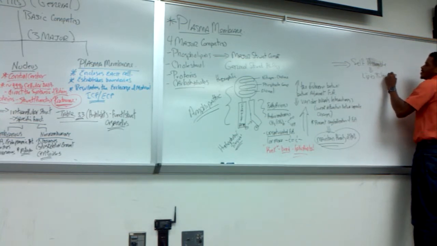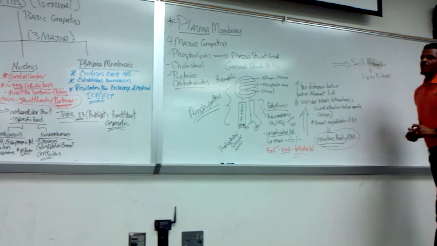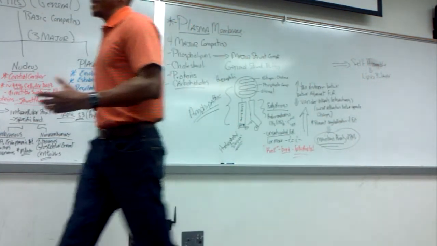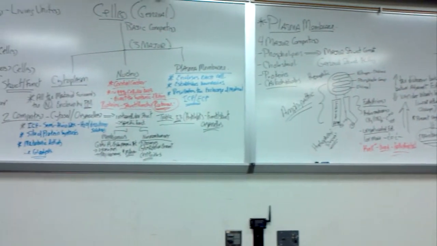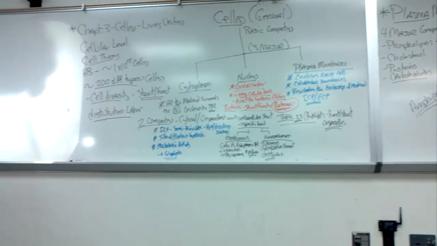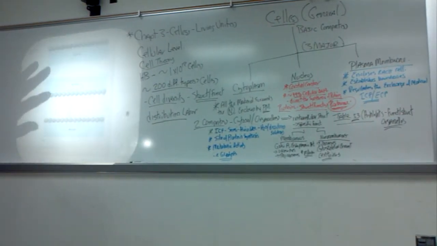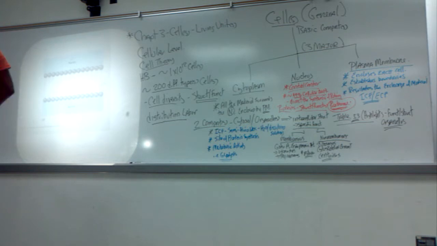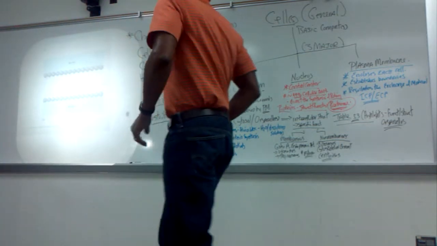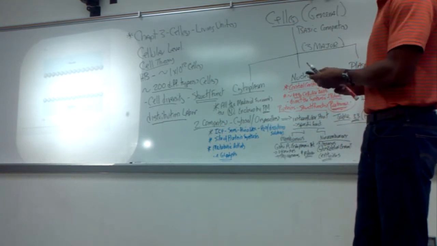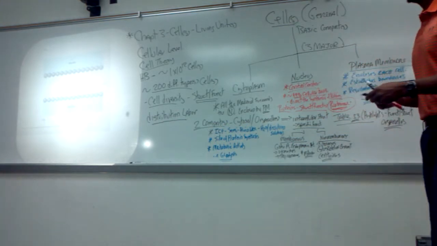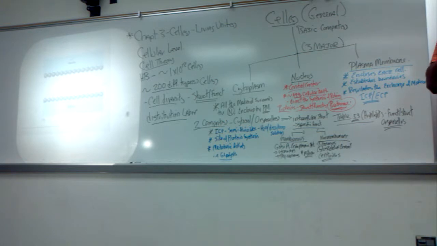So based on the amphipathic nature of the phospholipids, with the hydrophilic region associated with the phosphate head and the hydrophobic region associated with the fatty acid tails, when they're submerged in water, the phospholipids will self-assemble and they will form the lipid bilayer, which is the general structure of the plasma membrane.